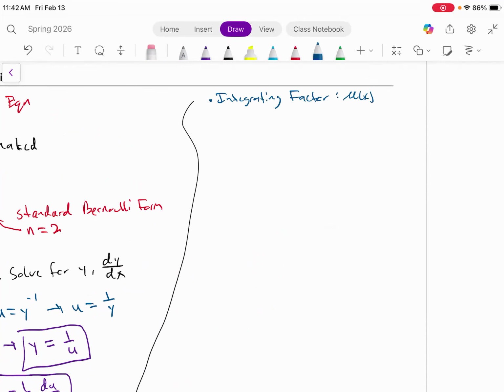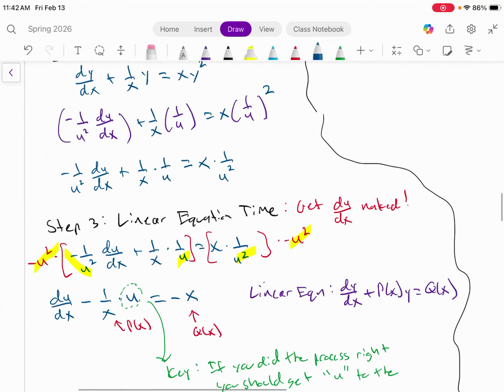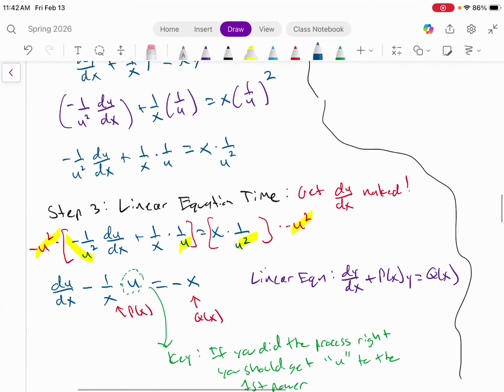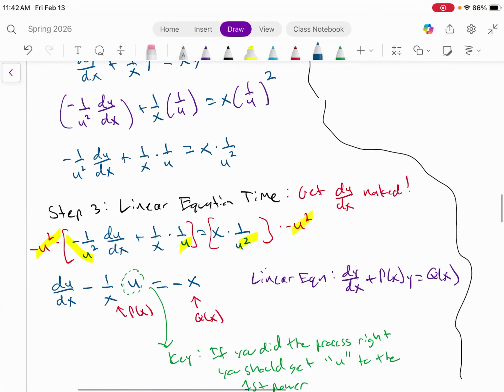Okay, so what is our p of x again? Let's scroll down to the bottom. Well, that is -1 over x. So let's go ahead and find that integrating factor. So this would be mu of x equals e to the integral of -1 over x dx. And so the integral of -1 over x is negative natural log absolute value of x.